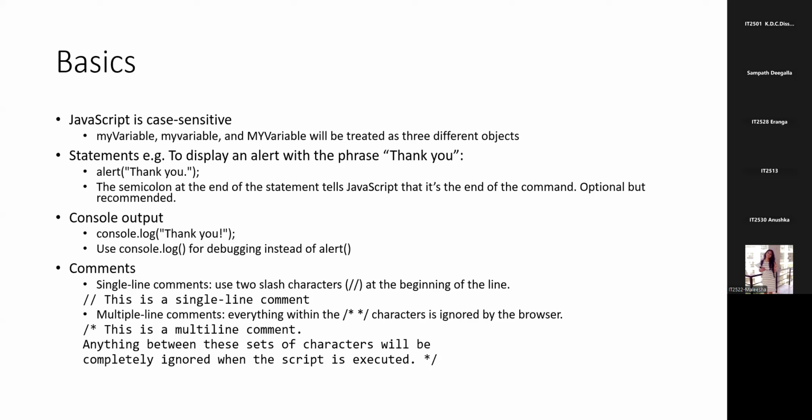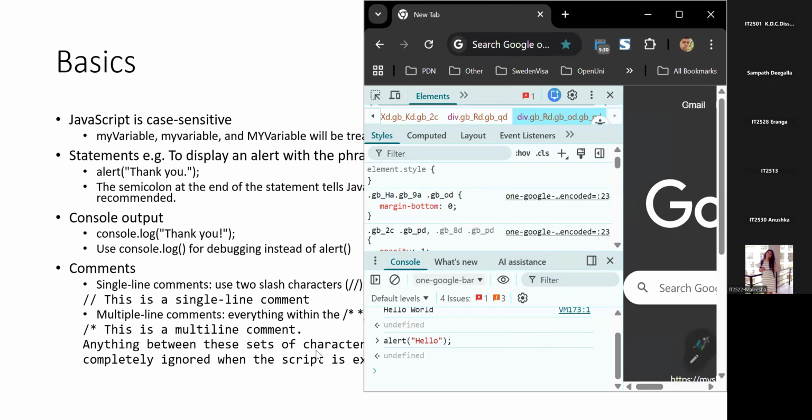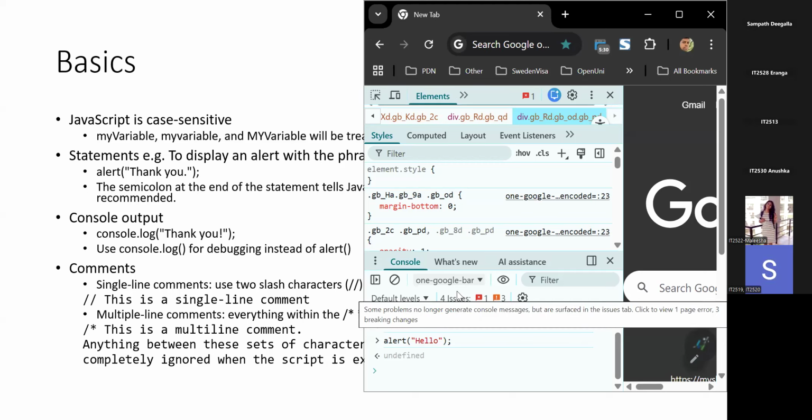Okay, now let's move on to looking at the basics of JavaScript. Again, remember, JavaScript is case sensitive. It's very important that you understand variable naming, especially when you are creating them. After each JavaScript statement, we normally use a semicolon.